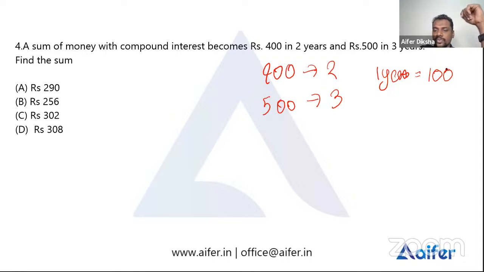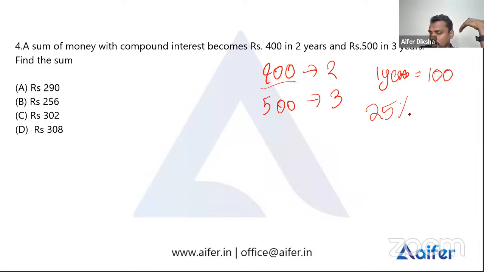Out of 400, 100 is increased, which means the rate of interest is 25%.